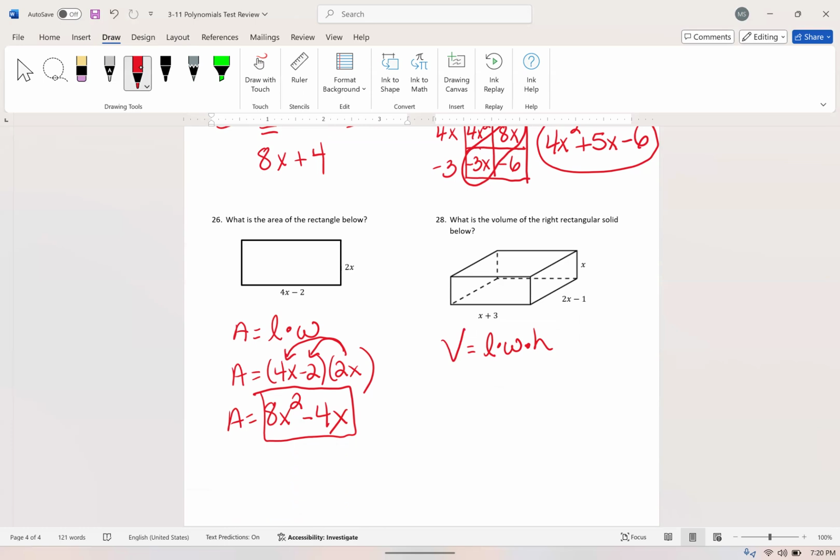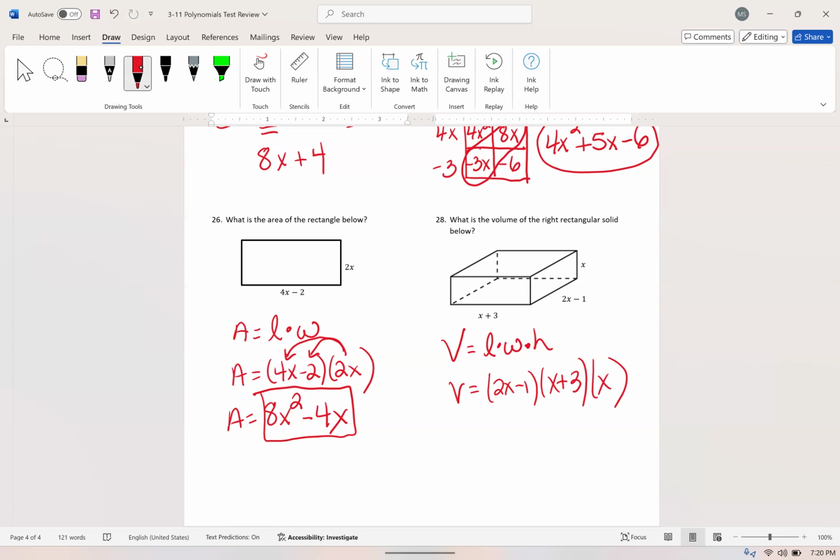Volume equals length times width times height. All right, so you might not know which one to call length and which one to call width, so that doesn't really matter so much. We do know the height, how tall this is standing, is x. So I'm going to call my length 2x minus 1, my width x plus 3, but you might have reversed them, and that's okay. And then the height is x.